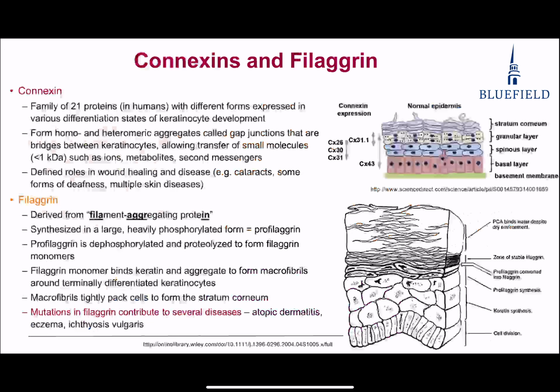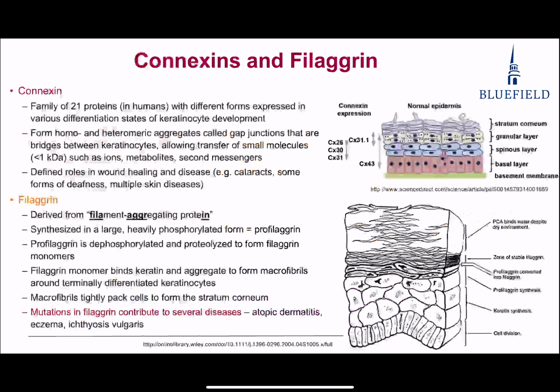All right, so you've got a different set of Velcro molecules here. For your GI and respiratory epithelium, your connections are specific sets of integrins that we mentioned in the last hour when we were talking about the trafficking. So you have other integrins, other cell adhesion molecules that hold those epithelial barriers together in the GI and respiratory tract. For the skin, you have some specialized molecules called connexins and filaggrin. So connexins are actually a family of proteins.